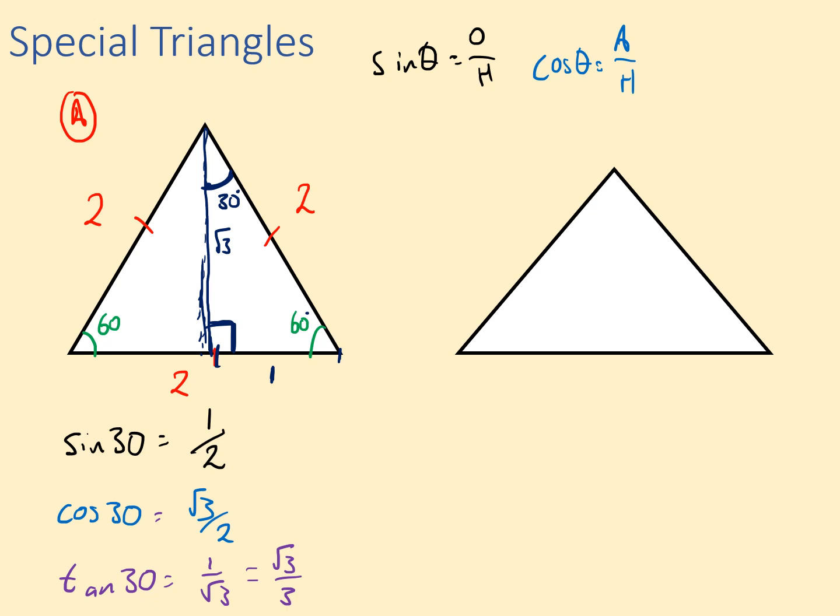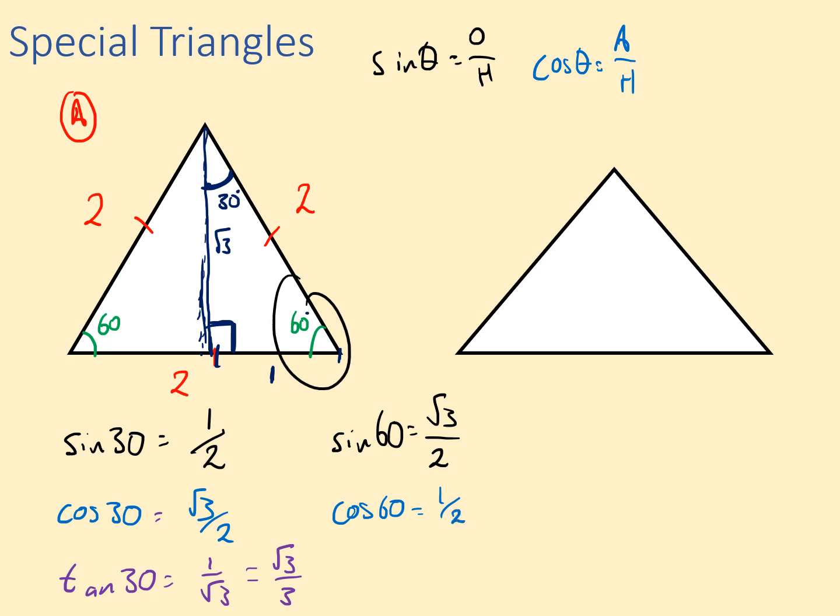I could do the same thing by looking at the 60-degree angle. I'll go through this a bit quicker. From that 60-degree angle, the sine of 60 is equal to the opposite, root 3, over the hypotenuse, 2. The cosine of that angle, so cos of 60, is the adjacent, which was 1, over the hypotenuse, which is 2, so 1/2.